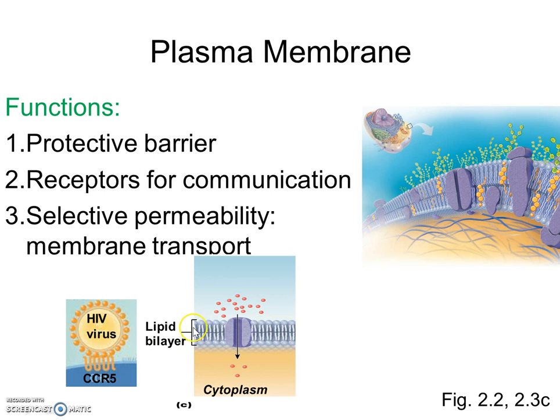Here's an example of the bilayer, and remember these proteins that are called transmembrane because they go completely through the membrane. One of the major functions of the transmembrane protein is to serve as transport for molecules that need to go into the cell. For example, these little red molecules need to come into the cell, so the membrane is selectively permeable for those little red molecules.